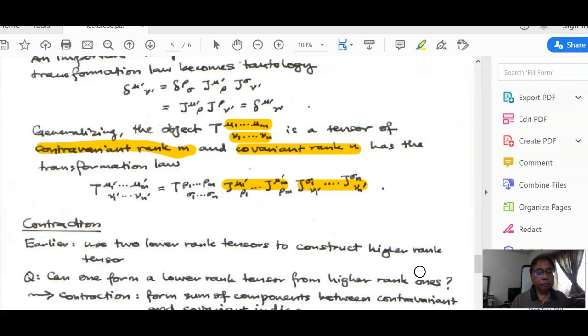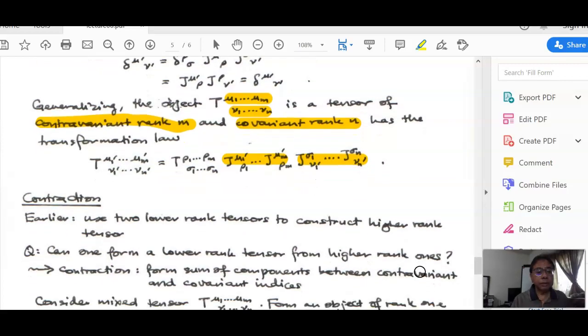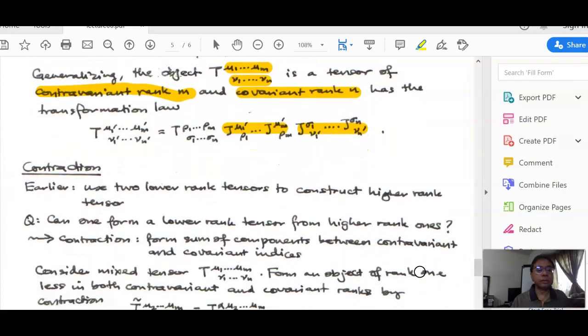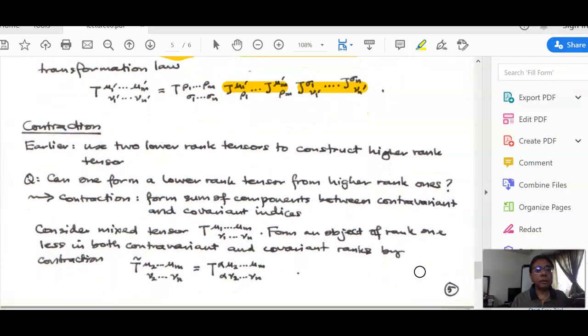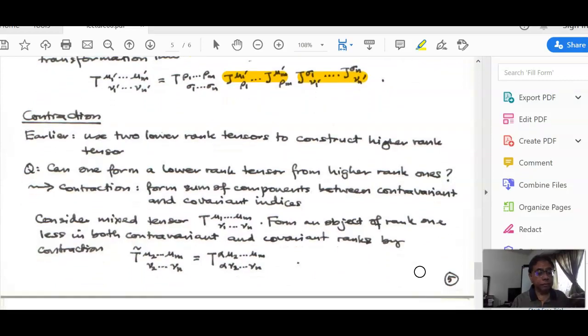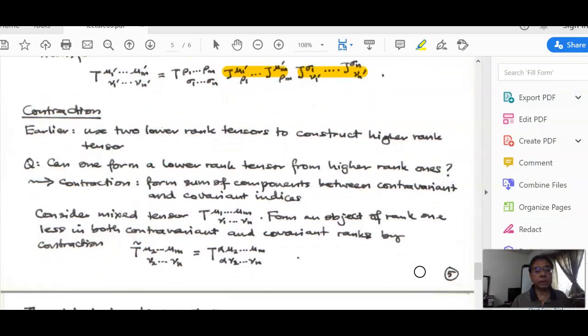So one can form tensor products to give you higher order rank tensors. But you can also do the reverse. You can take two higher rank ones and form a lower rank tensor.